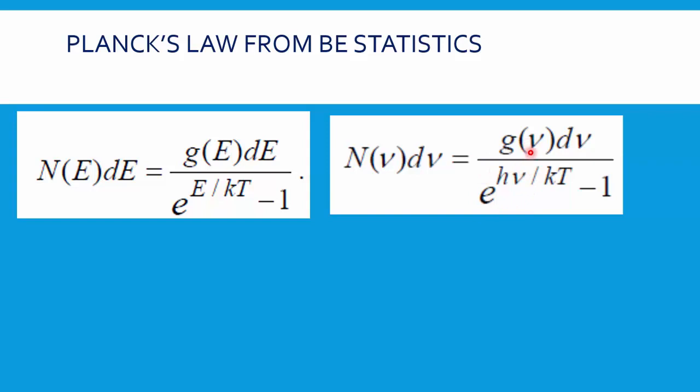Because h is a constant, I can write G as a function of frequency. Similarly, the number of photons is also a function of frequency. Again, energy is transformed to frequency, and we write down the same distribution function after taking alpha to be 0 in the form of frequency. Basically this expression means the number of photons in the frequency range nu to nu plus d nu.